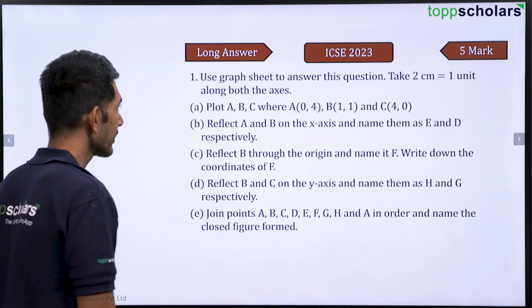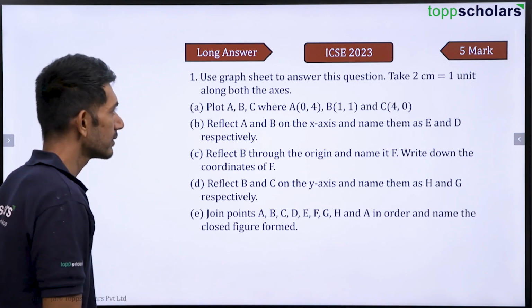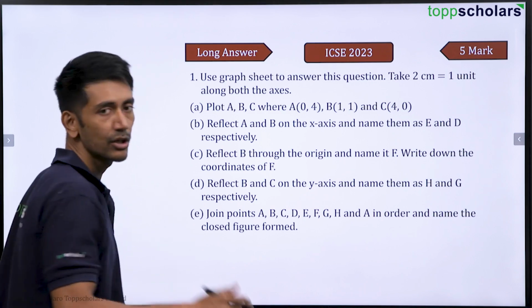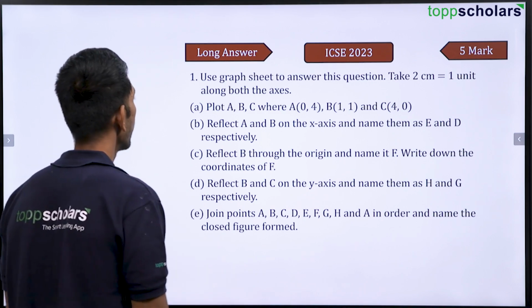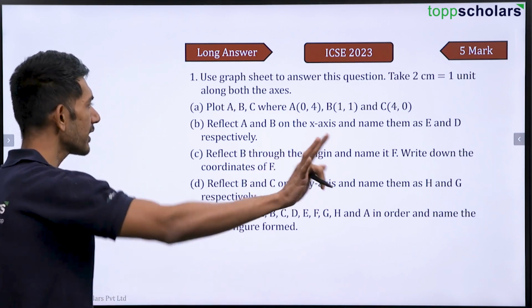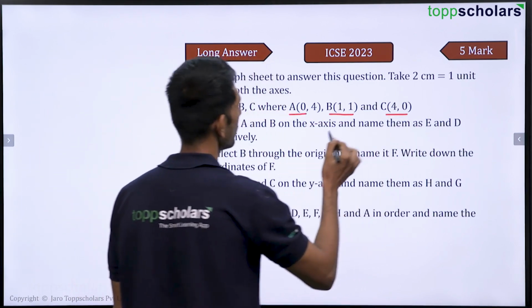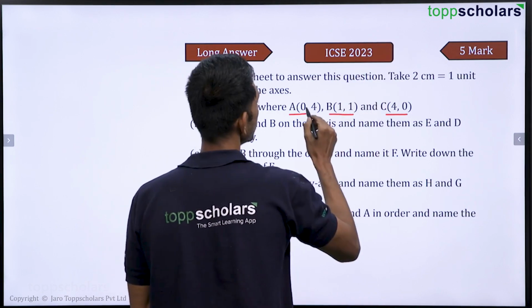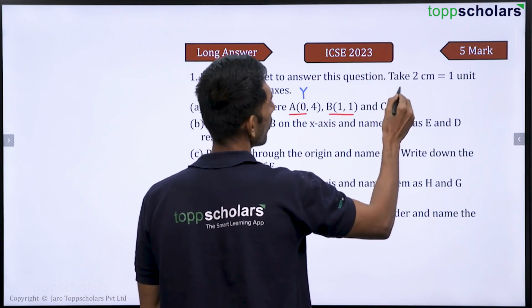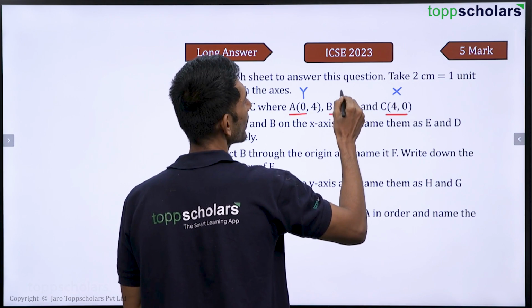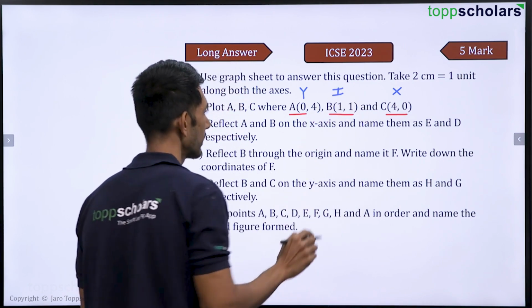So the question says, use graph sheet to answer this question. Again, take 2 centimeter is equal to 1 unit along both the axes. Plot 3 points. Only 3 points we are supposed to plot. A, B, C. So A is 0, 4. 0, 4 lies on the y-axis, 4, 0 lies on the x-axis, and 1, 1 lies in the first quadrant, right?